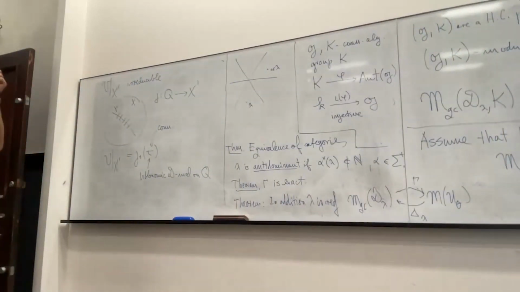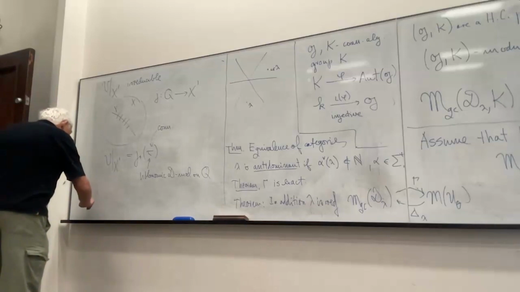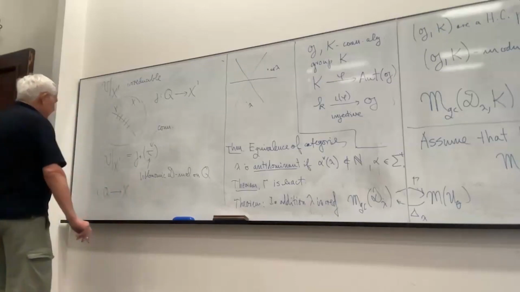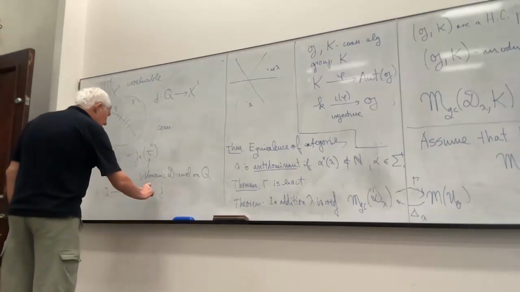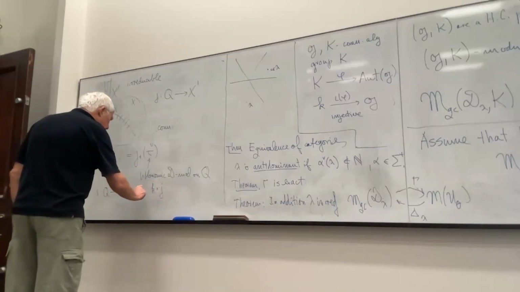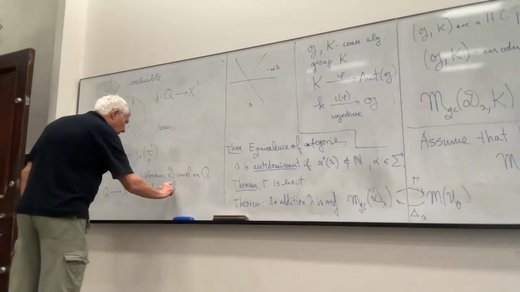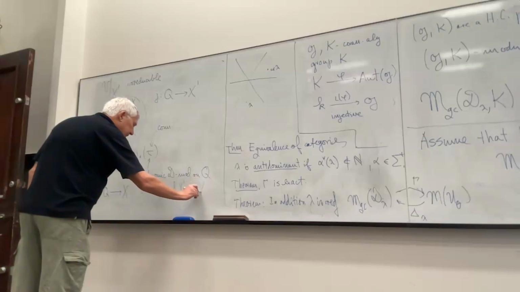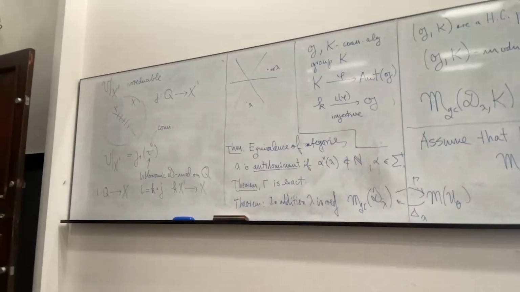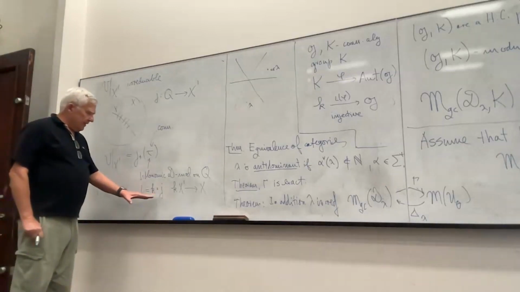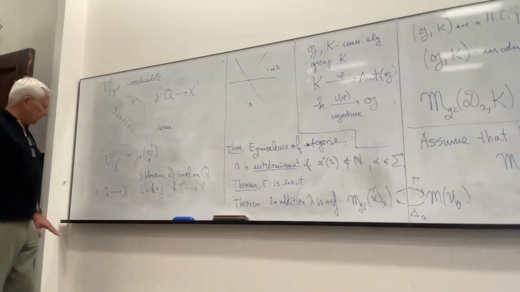Now, what we can do is look at the inclusion I of Q into X. This I is the composition of J and the open inclusion K of X prime into X. Again, one result I hope we can prove at some point is that direct images preserve holonomicity.